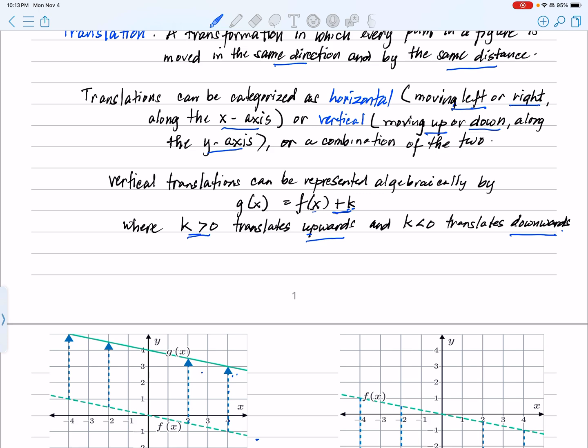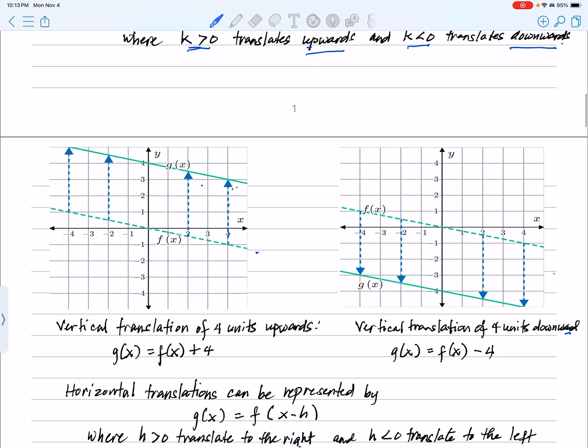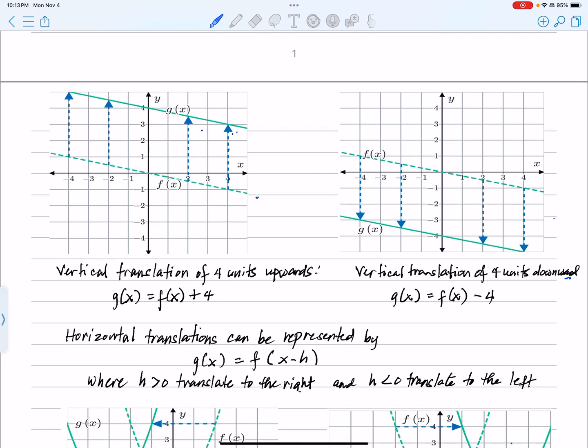But when k is less than 0, it translates downward for vertical translation. So let's look at this. This is your original line. Here it is translated up, because the vertical translation is 4 units upward.